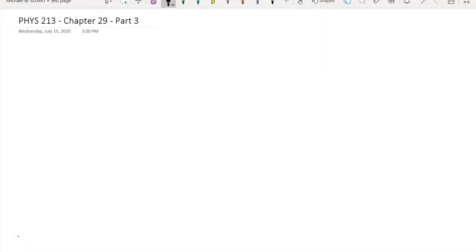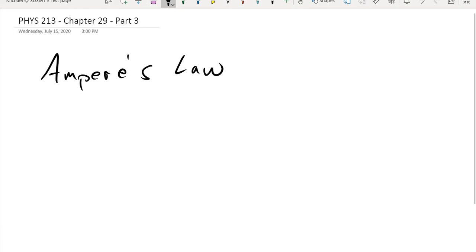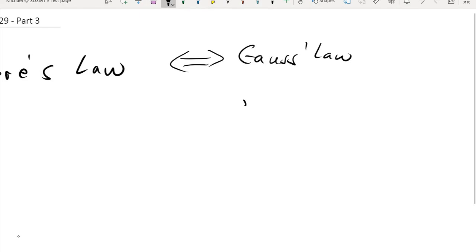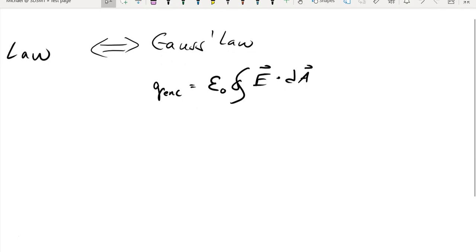But the main point behind this video is something called Ampere's law, and this is going to be very similar to the Gauss's law discussions that we had back in chapter 23. And if you remember, with Gauss's law, we took a certain amount of enclosed charge Q and related that to the electric flux that passed through the area of that enclosure.